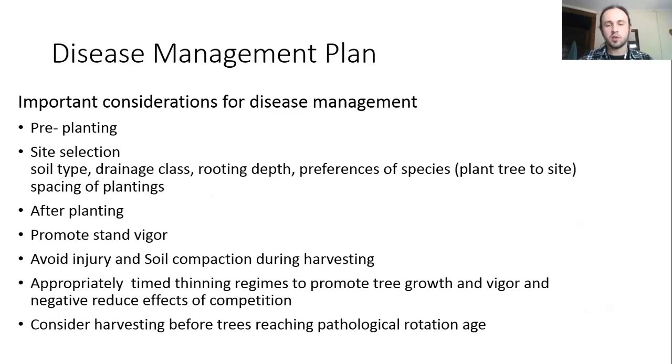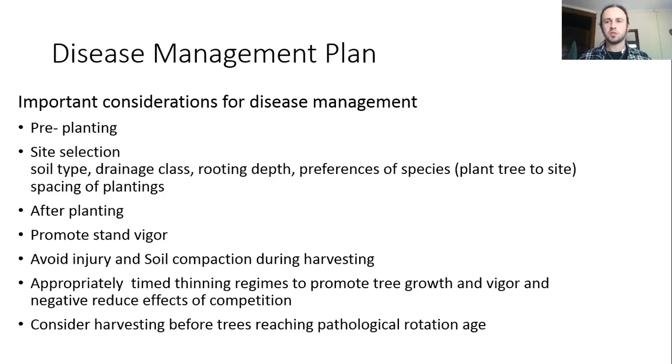Promote stand vigor, avoid injury and soil compaction during harvesting. Thinning is very important to facilitate airflow, to reduce competition, improve overall tree vigor. So you want to incorporate appropriately timed thinning when it can maximize productivity and yield, as well as overall health of your stand.